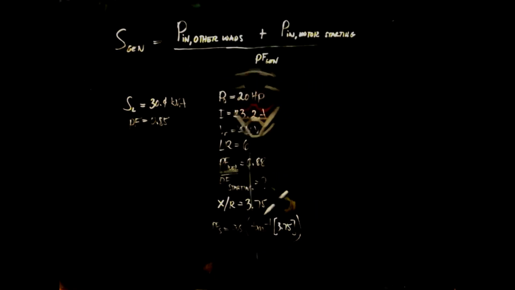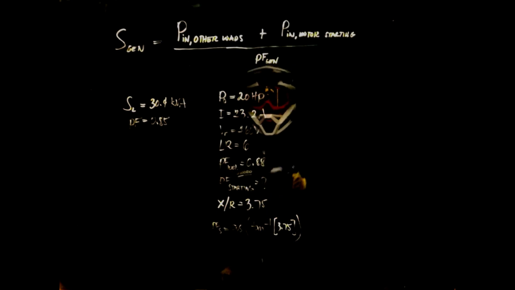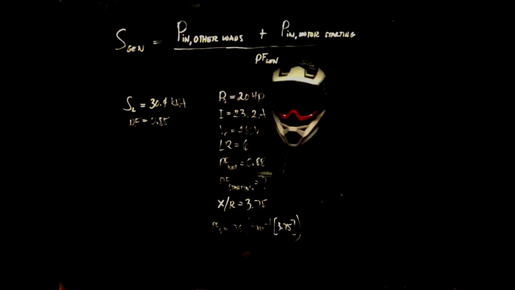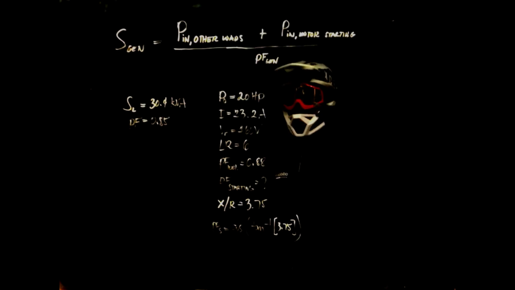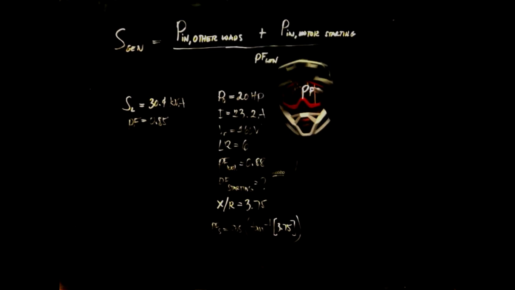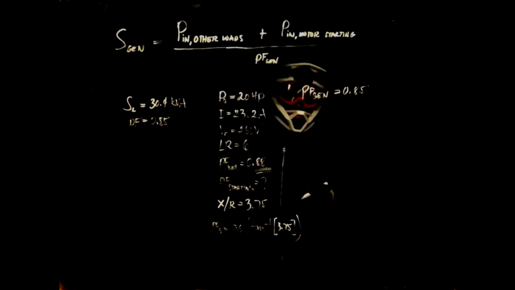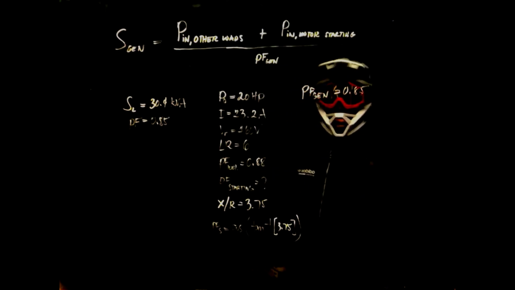Right? So I think we can solve everything now. So for our generator power factor, we can assume 0.85. So the lower you get, the higher the result you will arrive at.